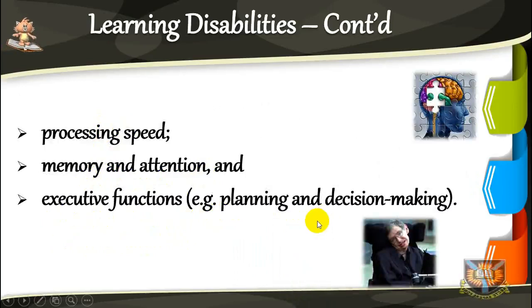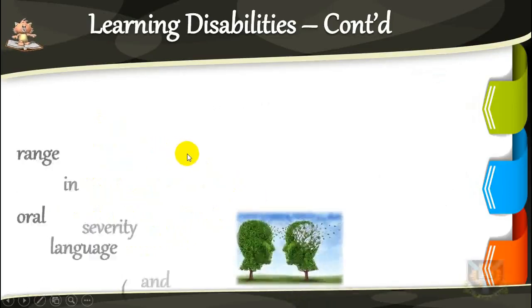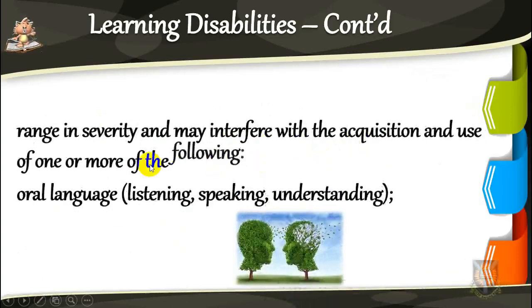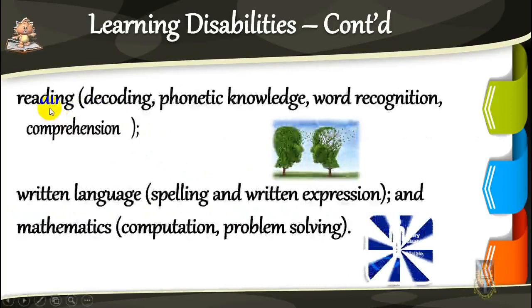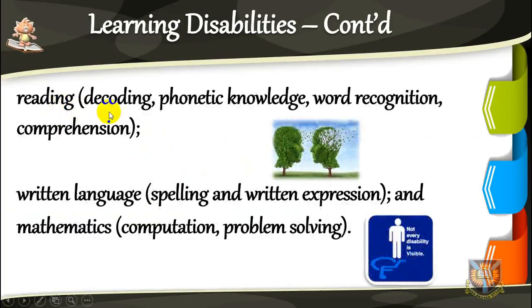Learning disabilities range in severity and may interfere with the acquisition and use of one or more of the following: 1. Oral language, e.g. listening, speaking, understanding. 2. Reading, e.g. decoding, phonetic knowledge, word recognition, comprehension. 3.